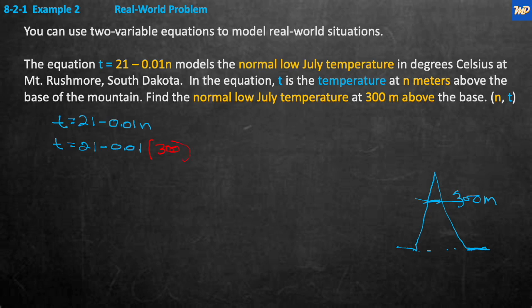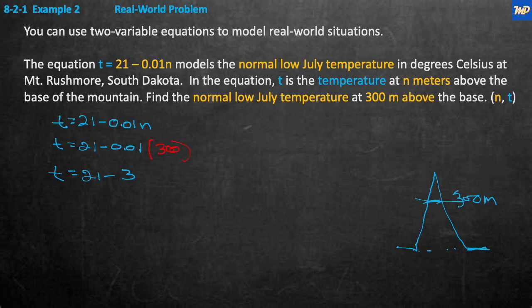Okay? And when we do that, we're going to find out that T equals 21 minus... 0.01 times 300 is what? 0.01 is the same as dividing by 100, or multiplying by 0.01, but no matter how you do it, it ends up being 3. 300 divided by 100 is 3, or 300 multiplied by 0.01 is 3.